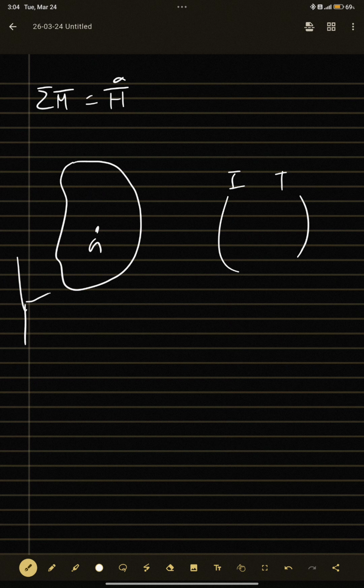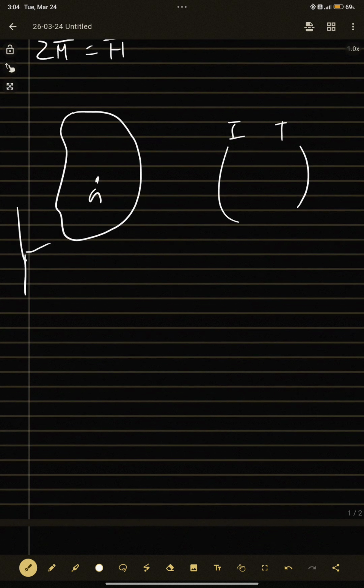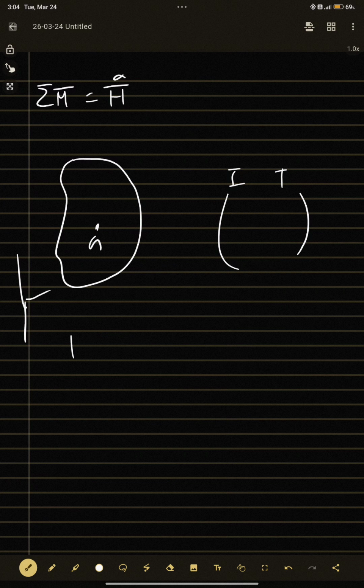But the problem again comes into the picture when you start thinking about differentiation of this expression. Suppose H dot, if H is, let's say, the angular momentum.